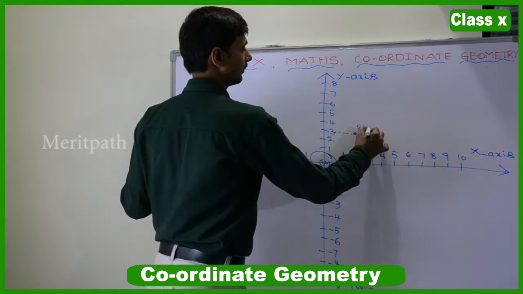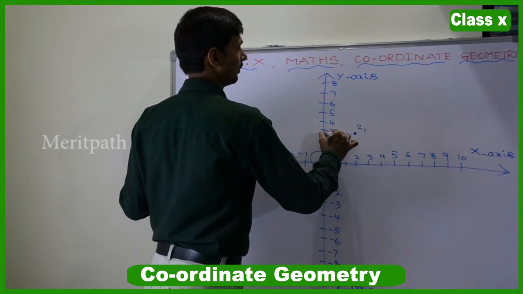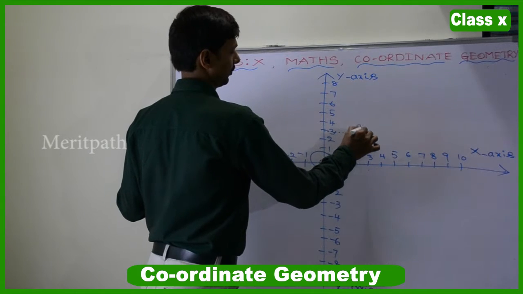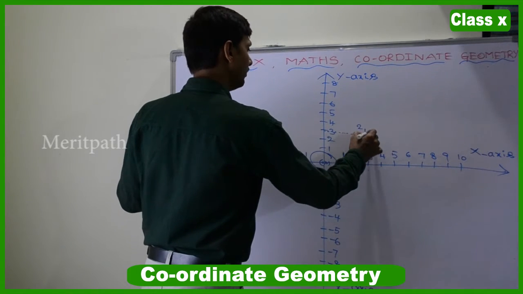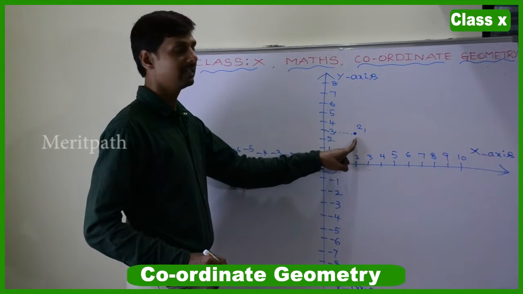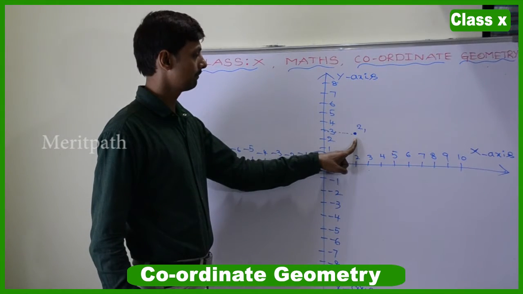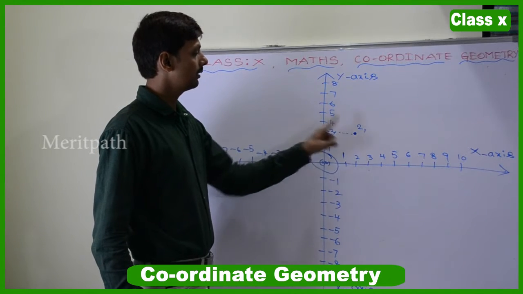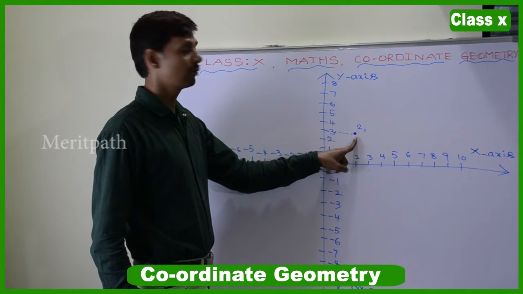The distance of a point from the y-axis is called the x-coordinate.